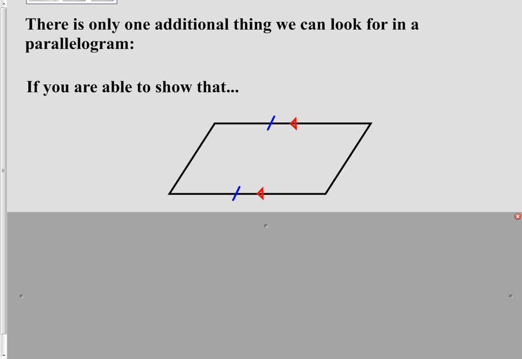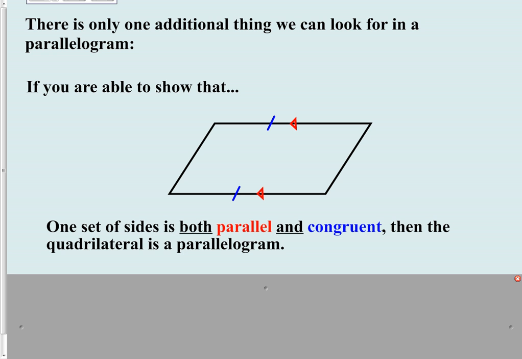If you are able to show that you have one set of sides that is both parallel and congruent at the same time, then that quadrilateral is actually a parallelogram. Okay? So one set of opposite sides, both parallel and congruent, then the quadrilateral is a parallelogram. Press pause if you need more time.